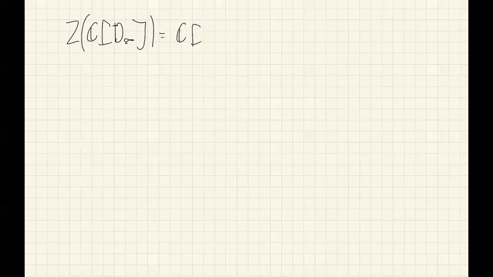So the observation here is that we proceed to a group algebra. So we have a group algebra of D infinity, and the center of the group algebra is the polynomial algebra generated by the element Z, and Z equals B plus B minus 1.